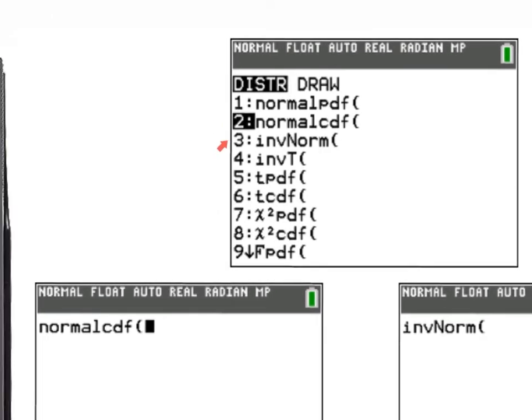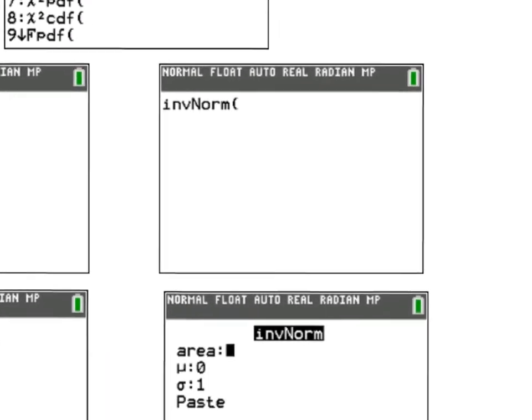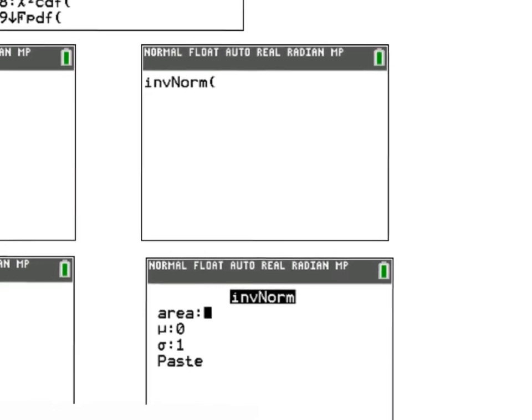Okay, so when we do that, we've got two different screens that will show up. We'll either have the one that has the stats wizard or the one that does not have the stats wizard. If we have the stats wizard, then we will get this menu right here. And again, leave the mean at 0 and the standard deviation at 1.